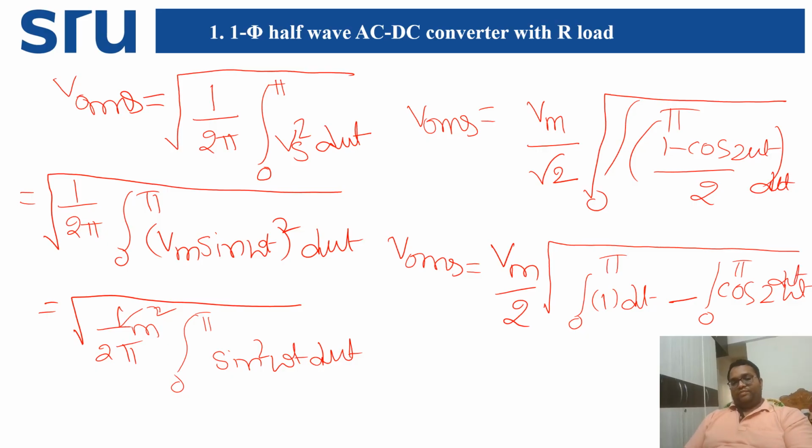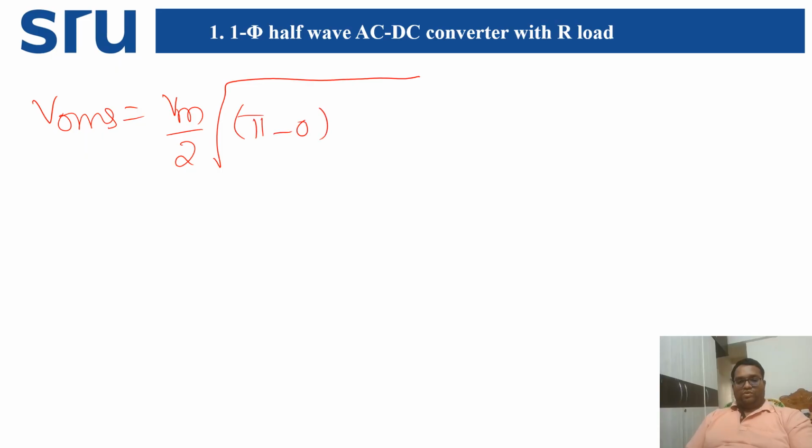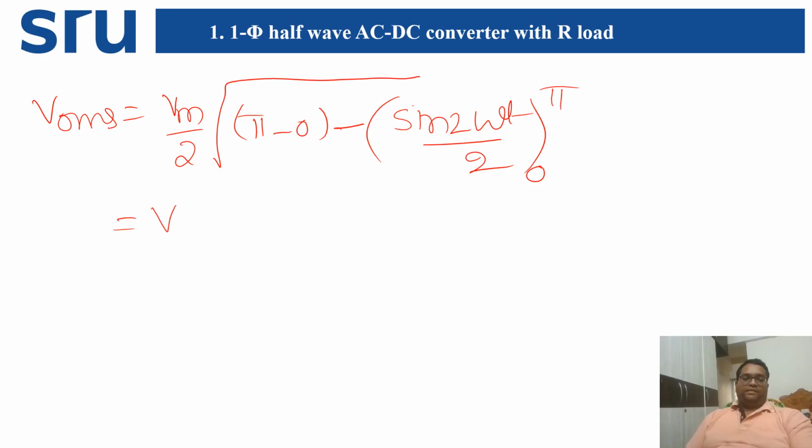Then what will come here? V naught RMS is equal to Vm by 2 square root of pi minus 0 minus cos 2 omega t, meaning the integration of cos 2 omega t is sin 2 omega t by 2, with the limits 0 to pi applied.